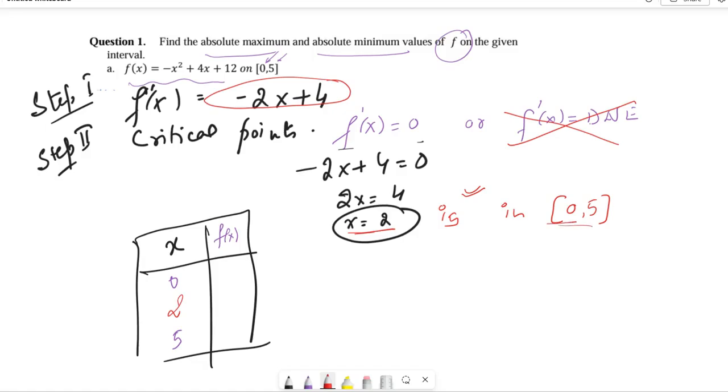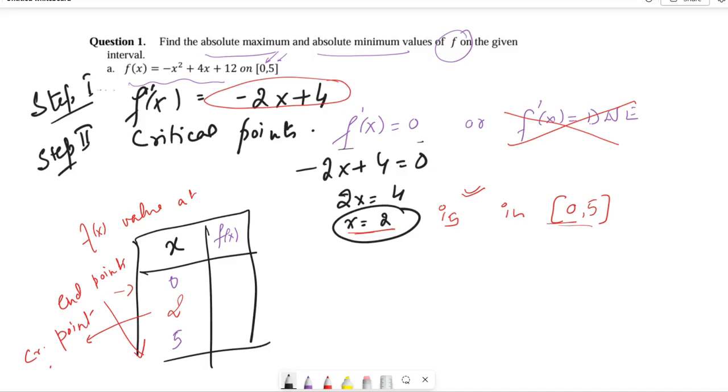So we need to find the function's value at these 3 points. The first and the last one are endpoints, and also the critical point.